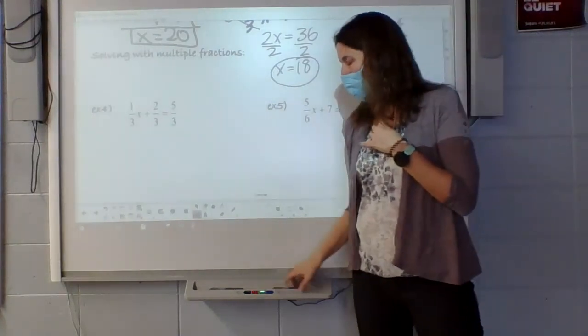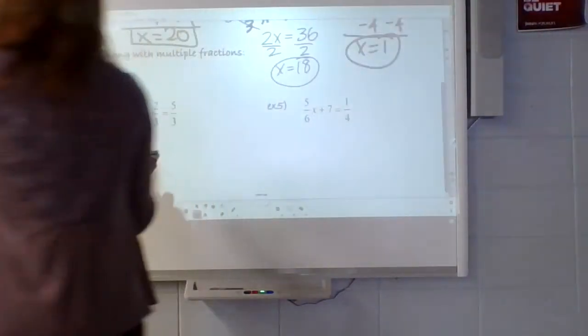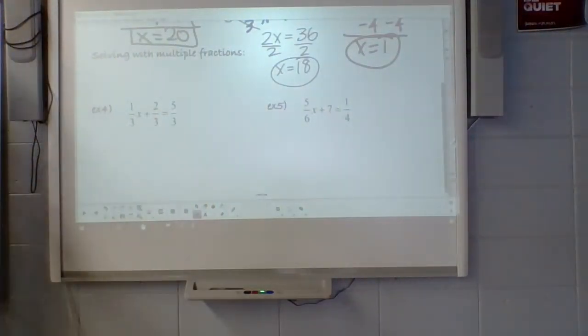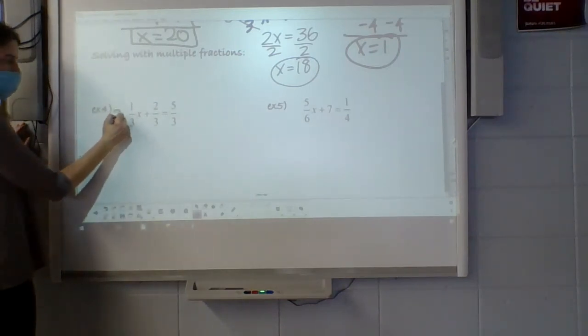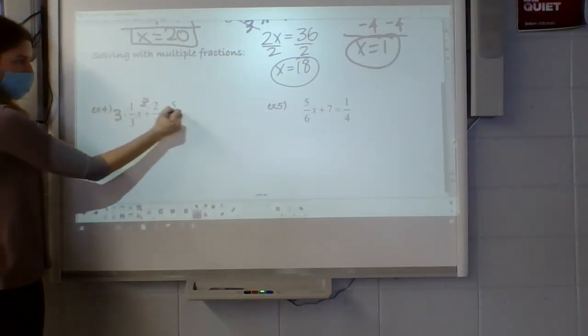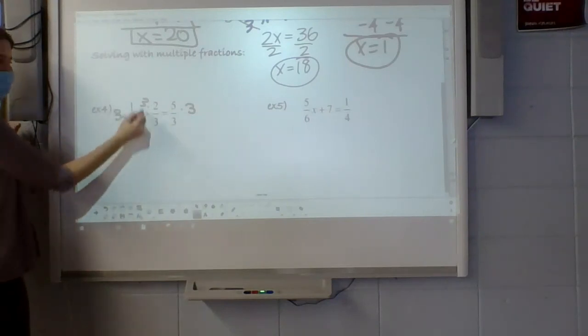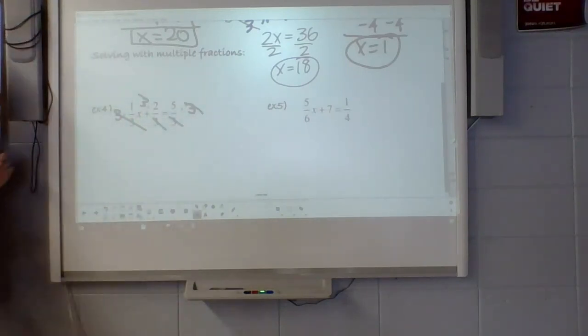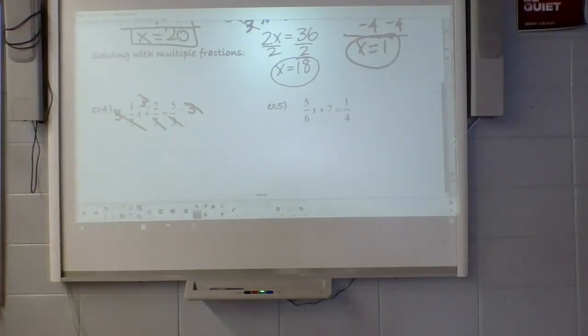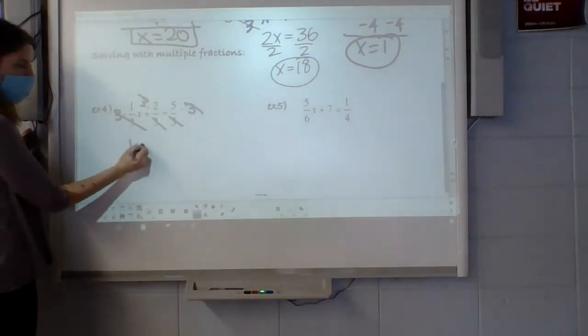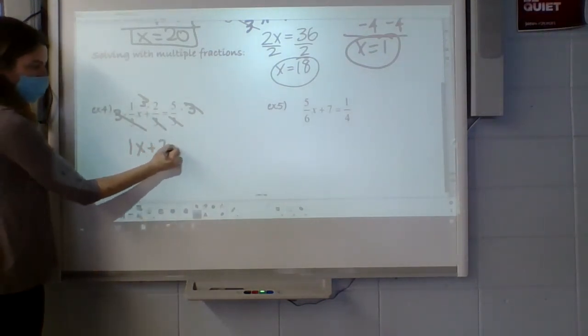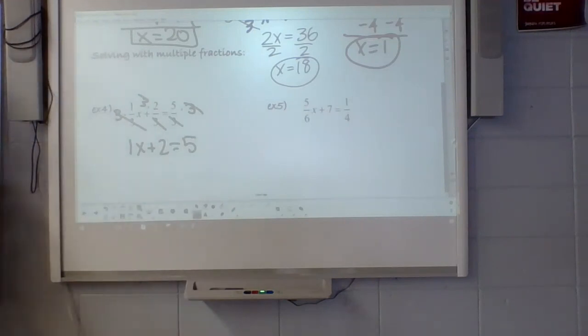So if I multiply each of these parts by 3, all the 3's are going to cancel. If I multiply this by 3, this one by 3, this one by 3, all those denominators will cancel. And I'll just be left with 1x plus 2 equals 5.